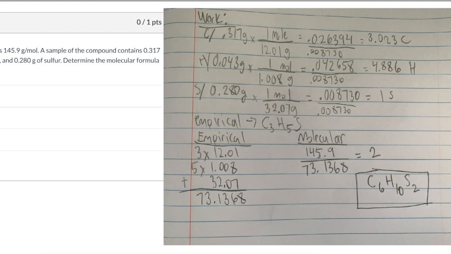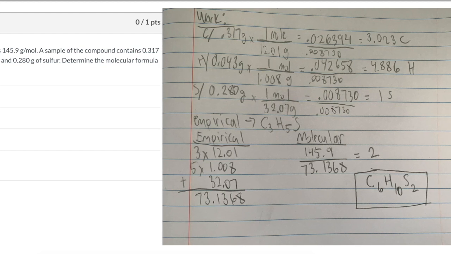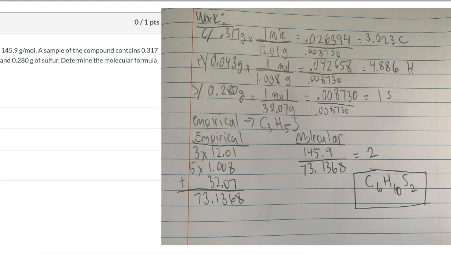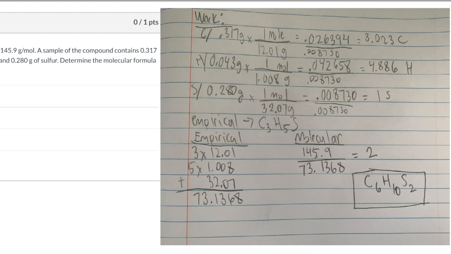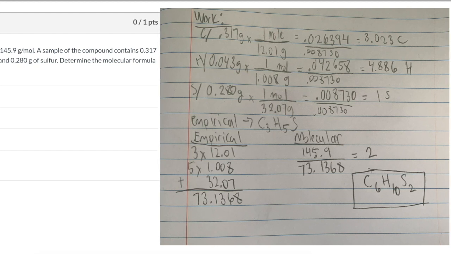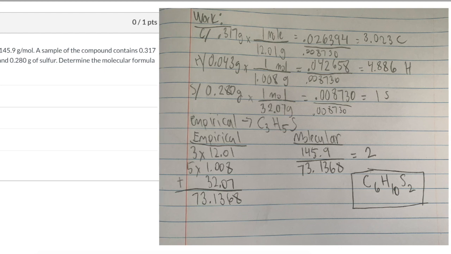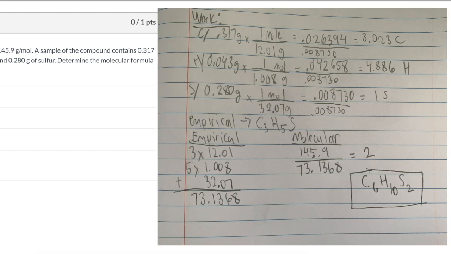Now once you get the molar mass with the empirical formula, you get the molar mass of the compound provided to us in the question, which was 145.9. So you get 145.9 and you divide that by 73.1368. Once you do that, you will get 2. Now you apply this 2 to the empirical formula. You multiply 2 to each of the subscripts.